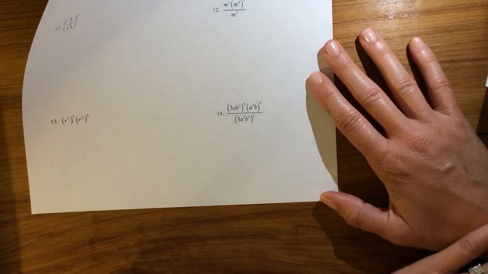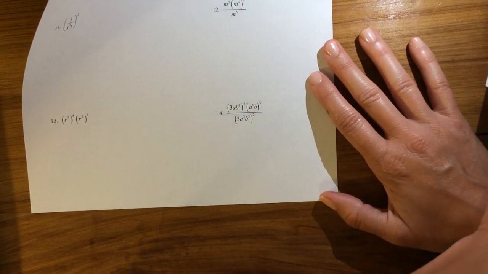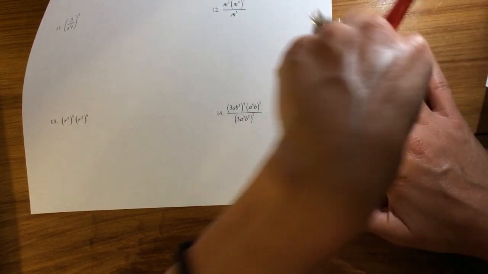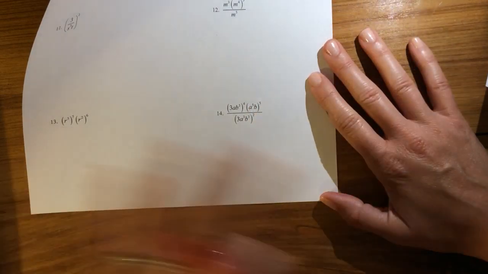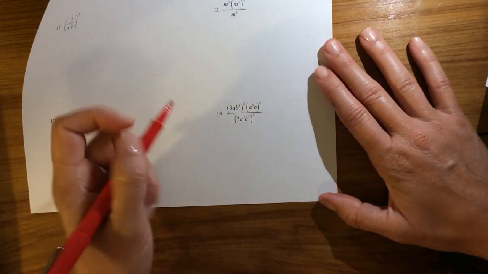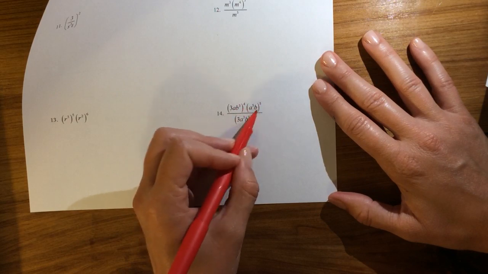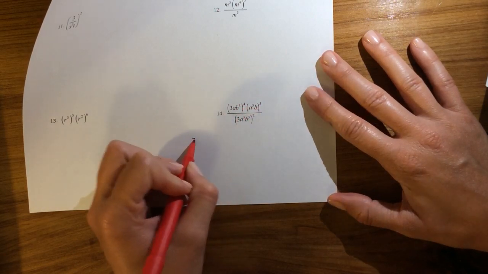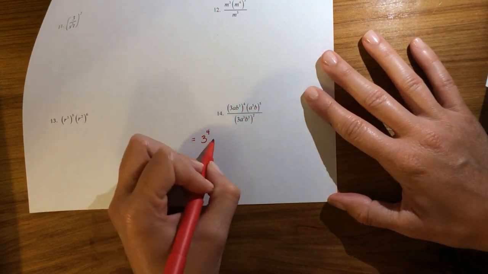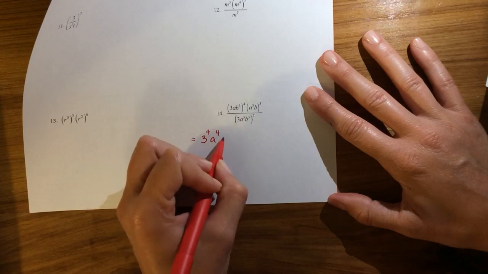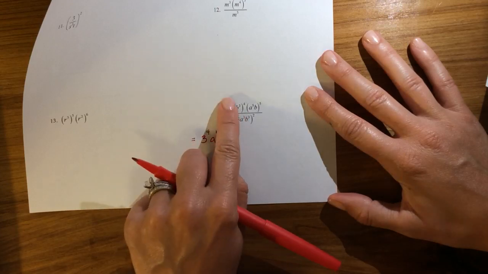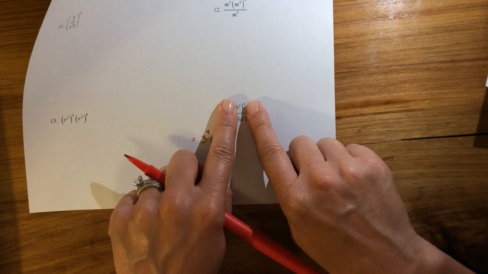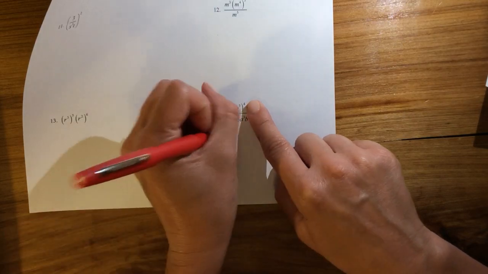So here we go. After my spiel, sorry. Not trying to lecture you, but I want you to get rid of any kind of old habits or old ideas. So I'm going to distribute this 4, this 5, and that 2 respectively. So I've got 3 to the 4th, a to the 4th, and now this is b to the 3 raised to the 4, so that's b to the 12.